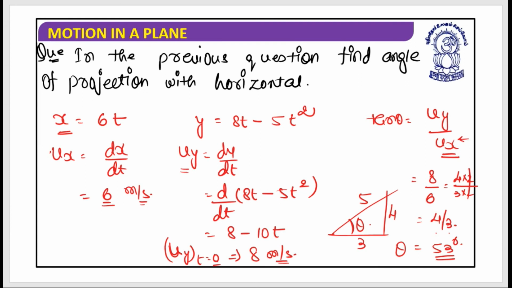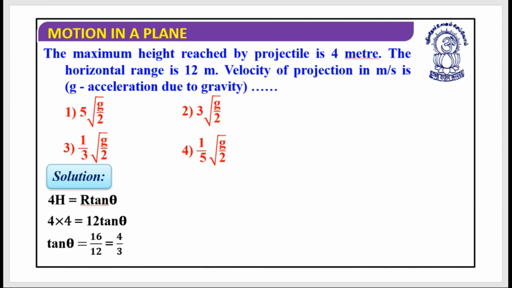Got it? Yes. Ready for the next question? Let's have a look. What does it say? It says that the maximum height reached by the projectile is 4 meter. The horizontal range is 12 meter. The velocity of projection in meter per second is required.